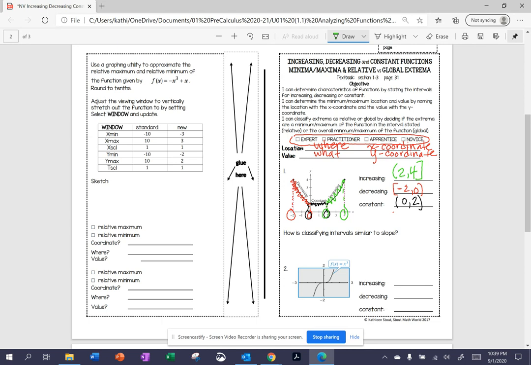So just taking a moment to think, when I'm describing intervals, how is that similar to what we already know about slope? So I know that increasing is similar to a positive slope. It looks like this.